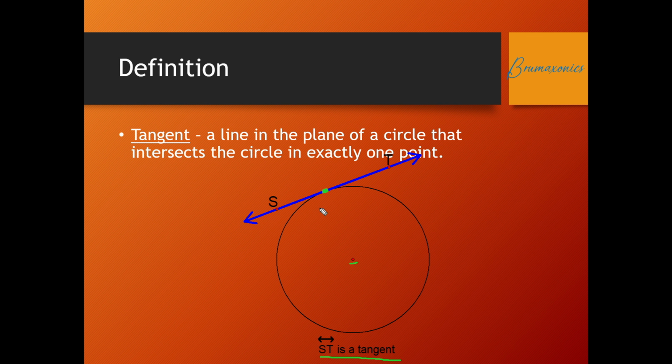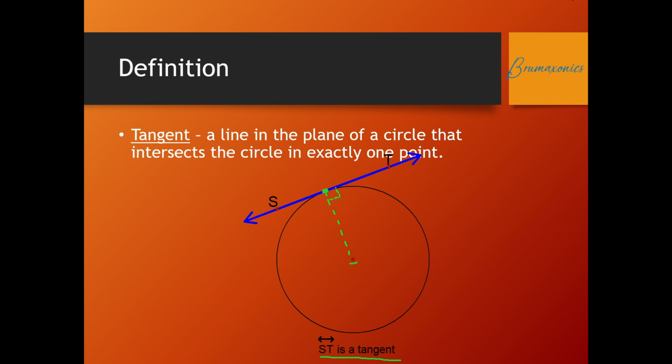Meaning that if we were to talk about the radius here, you can also think about the angle created by the tangent, and that would be 90 degrees. When you are dealing with angles, those are the things that you should take into consideration so that you can tackle the questions easily.